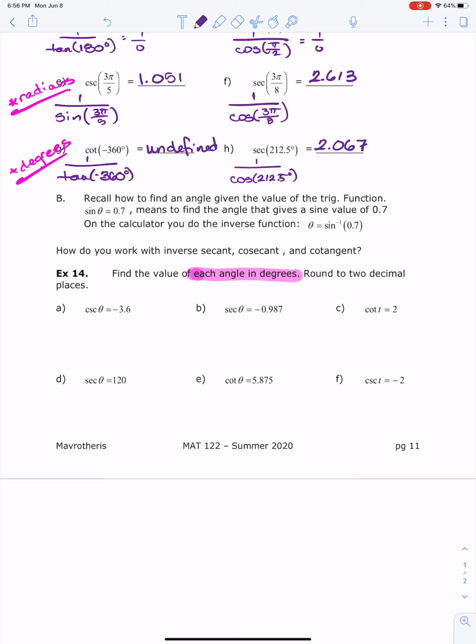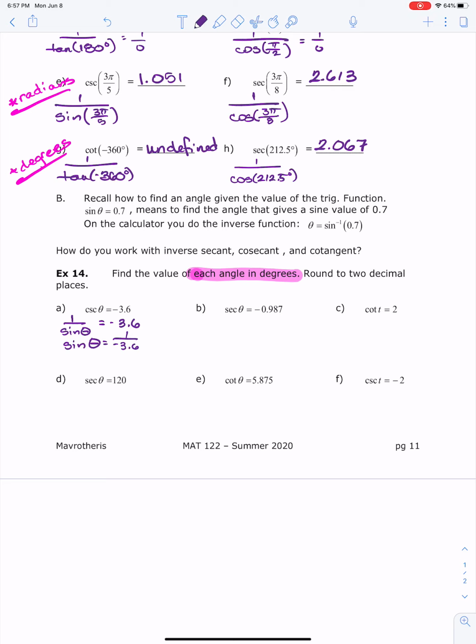Here's how I like to think of these. Cosecant is 1 over sine. So I want the 1 over the sine of theta to be negative 3.6, which means we can invert both sides. Sine of theta is 1 over negative 3.6.